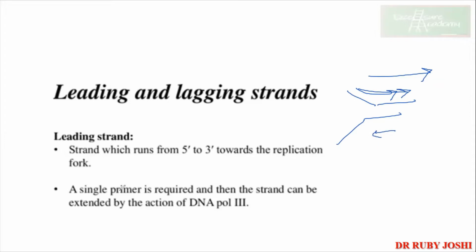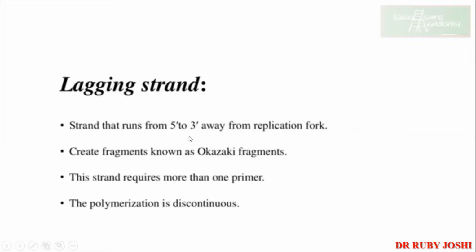So, for leading, you just need a single primer to start the extension action of the DNA pol 3. Now, lagging strand, we know again it is 5' to 3' direction, but away from the replication fork. In this only we have got the Okazaki fragments, and this requires more than one primer. It is a discontinuous process.